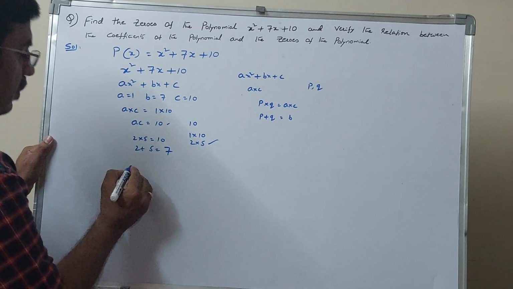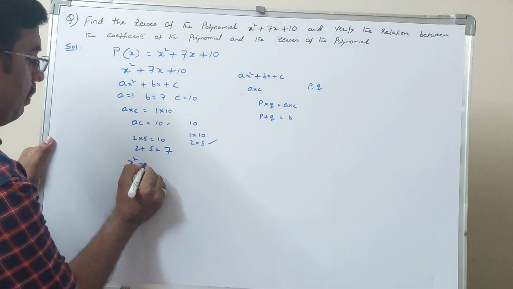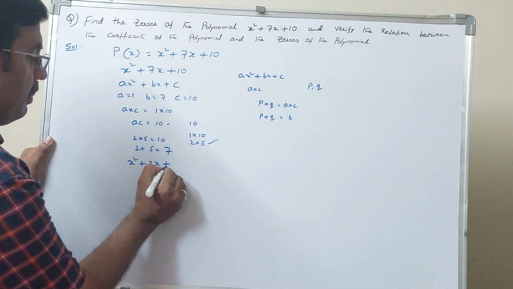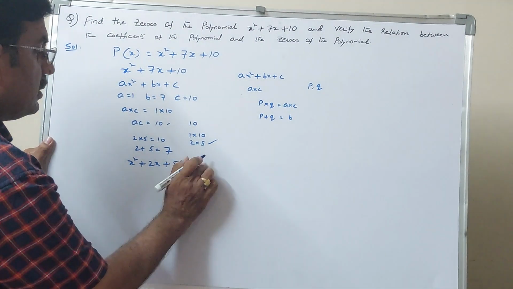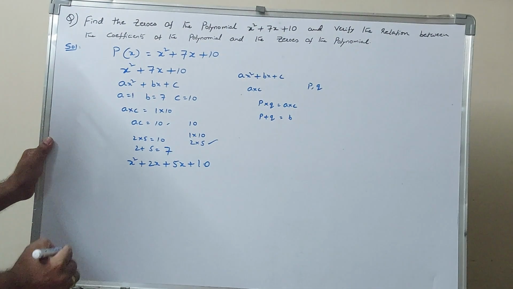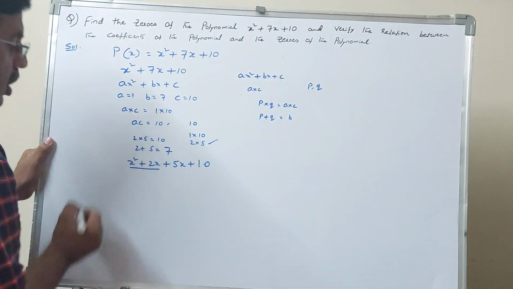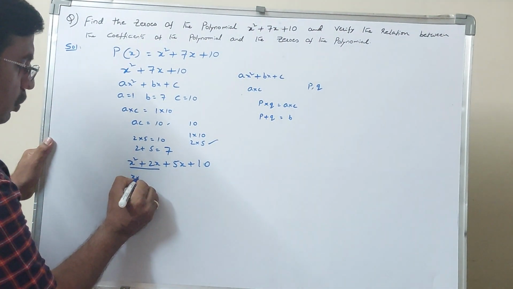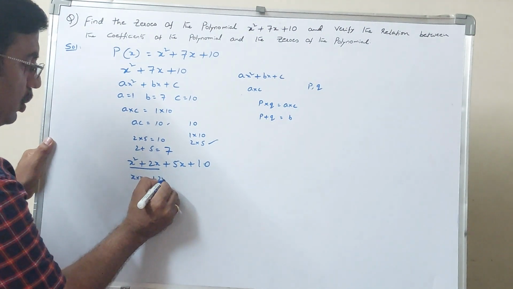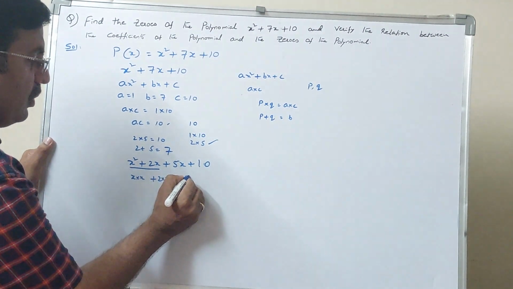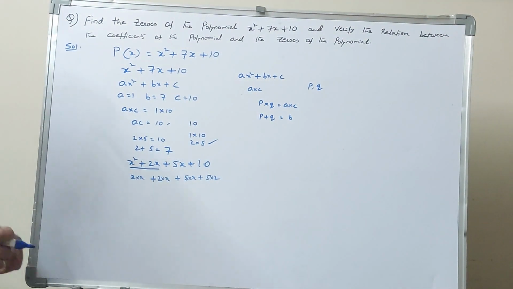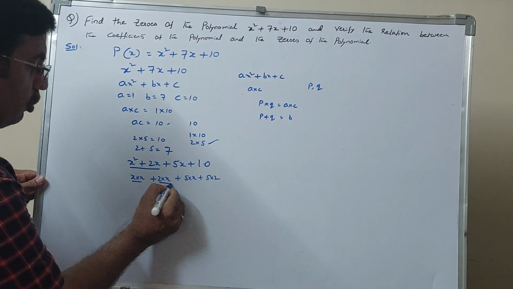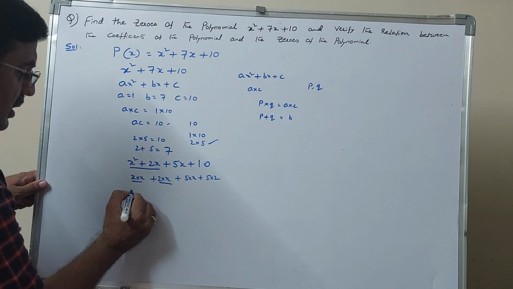So how to write this one? x square plus 2x plus 5x plus 10. So in these two, what are the common? x into x we can write, plus 2 into x, plus 5 into x, plus 5 into 2, you can write like this. In these two, what you are having common? x is common.